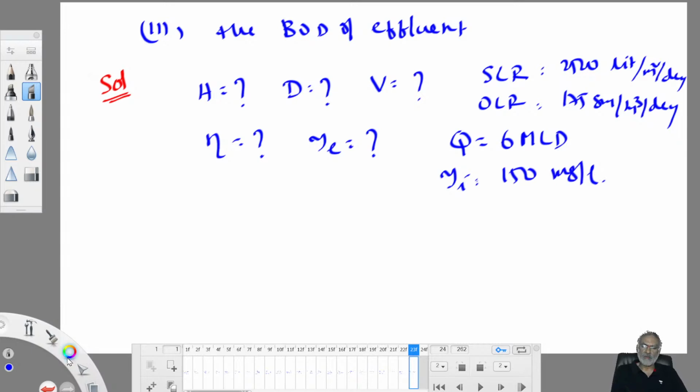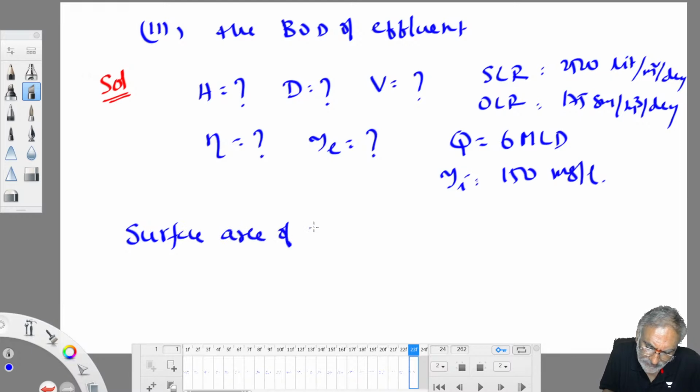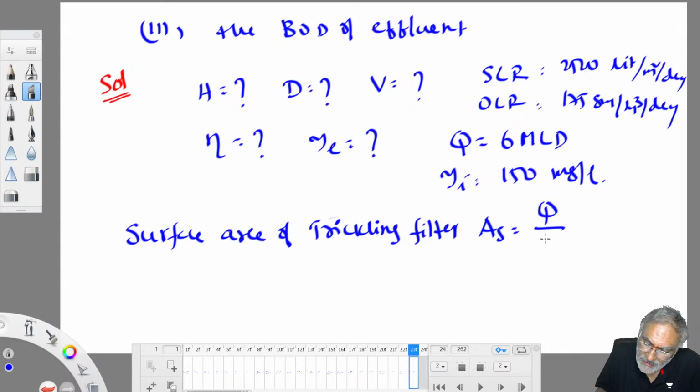As I told you, whenever you get surface loading rate, you can find out surface area. So how to find out surface area? Surface area of trickling filter is Q by surface loading rate.